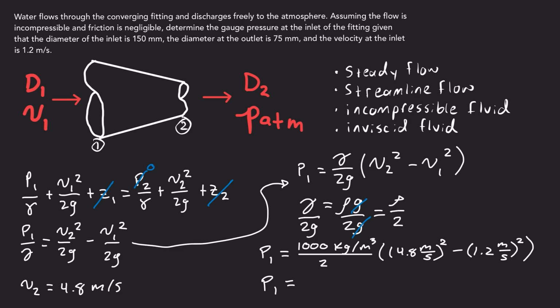Calculate this. We get that our gauge pressure is 10,800 pascals.